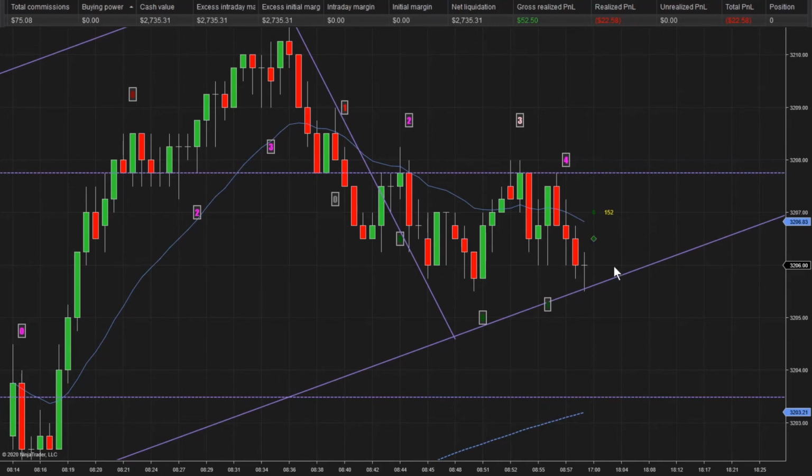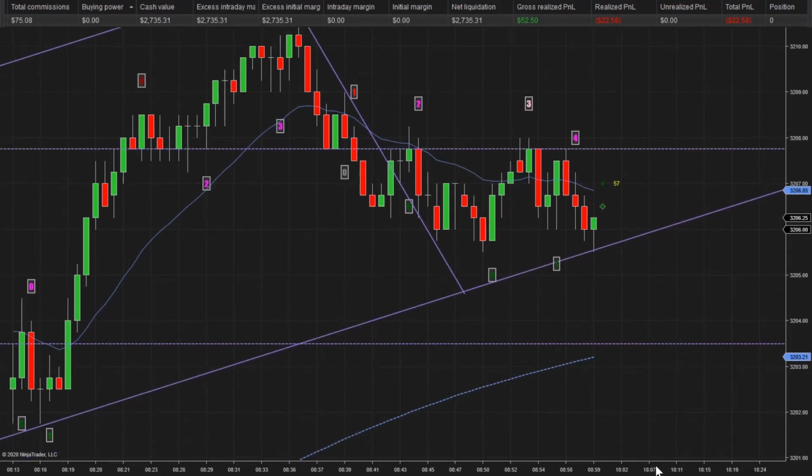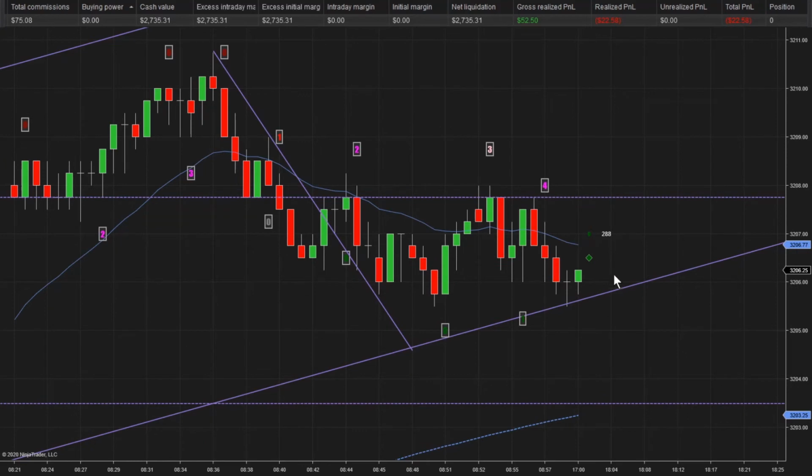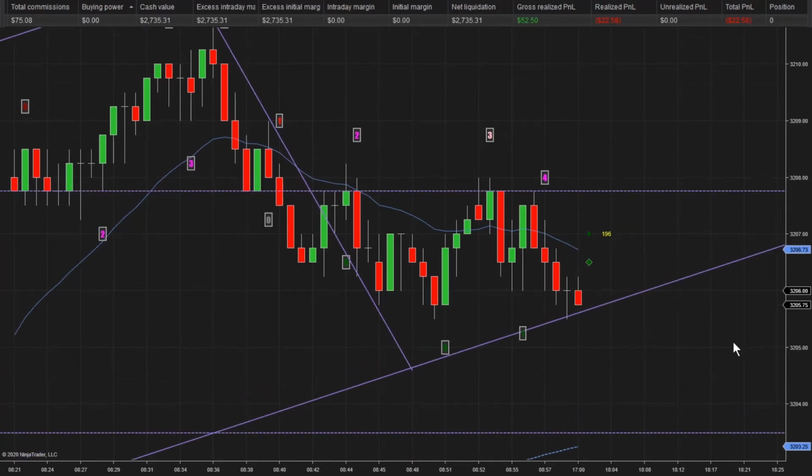Since we're in a choppy market, I'm going to assume we will continue to chop. Some of you might say you're going to miss a huge opportunity here, but this is a very good two-legged pullback in a regular trending market. In a ranging market, such as this choppy market, this two-legged pullback is not as alluring to me.